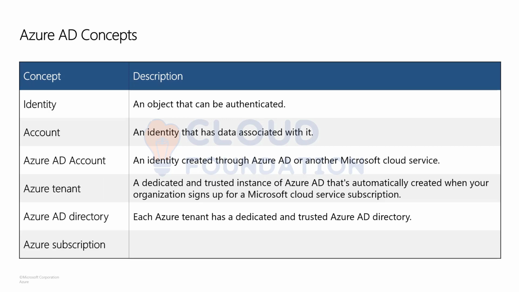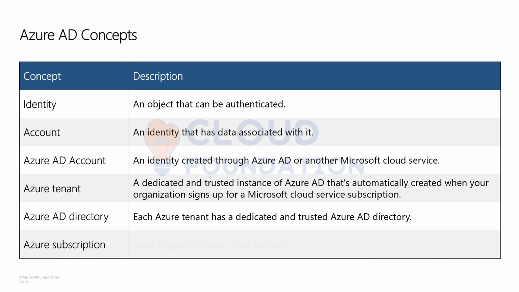Once you create your Azure Active Directory, your tenant will be associated, and this will be the trusted Azure Active Directory. So tenant and Azure AD directory, these terms are used interchangeably. The moment you create a new directory, you'll have a new tenant as well.